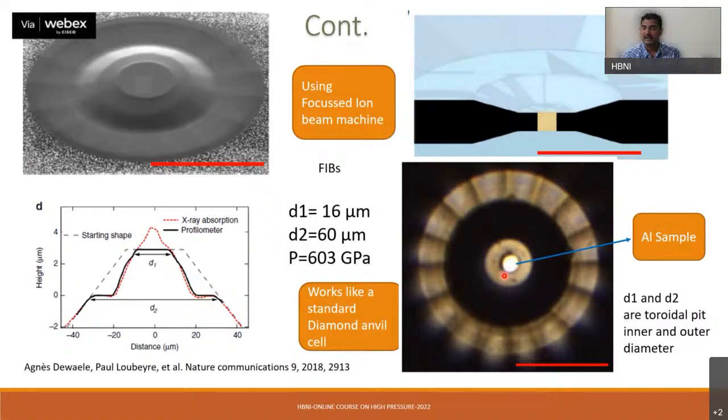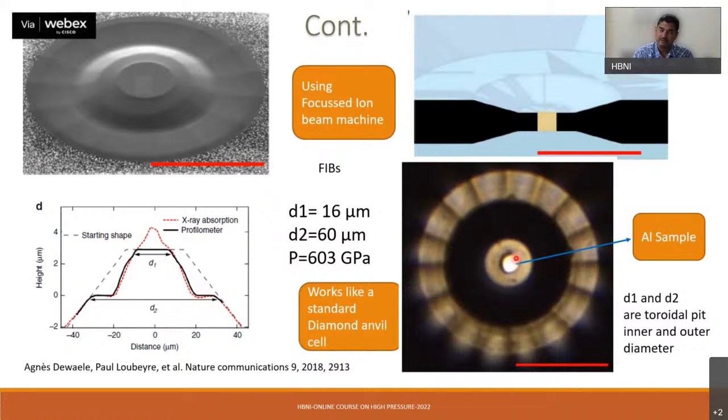This is a typical sample chamber loaded with an aluminum sample. In the toroid anvil, you can see the transparency from the aluminum. There are some portions which are still the pressure transmitting medium, because of which you can see the transmittance through the sample chamber.